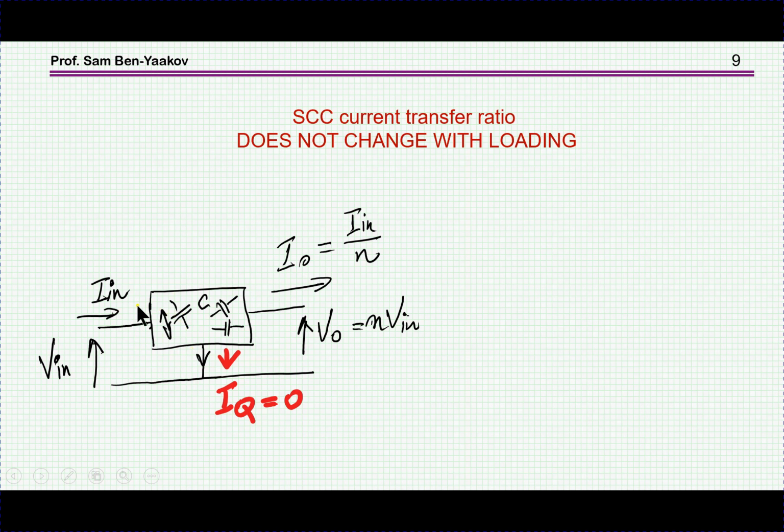So all the current is coming in, and then there is some current coming out. Doesn't have to be the same, because you can have capacitors in parallel or in series. We'll see it in a minute. But the point is that there is no current going this way, and the relationship, therefore, between the input and output should be topology dependent.